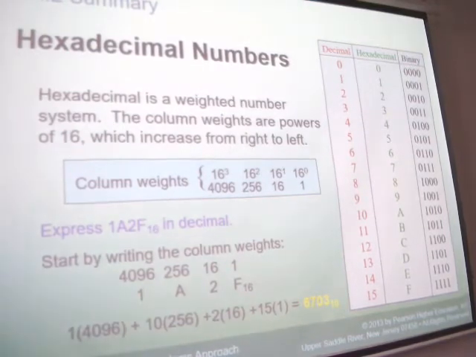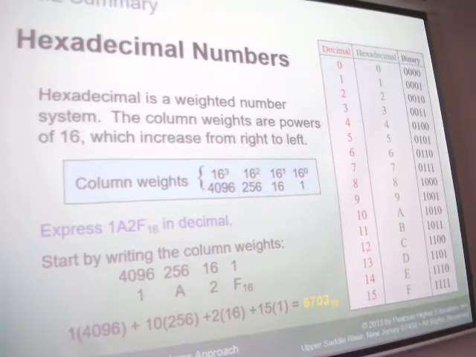And the last, 15 times 1. 15 times 1 is 15. So we can first use this calculator to add 32 plus 15.